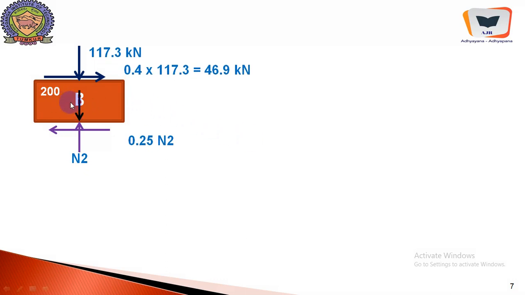It has a weight of 200 kilonewton, which is acting down. N2, this is the reaction offered by the floor to this particular block, and this is also showing a tendency to move in this particular direction. The frictional force will be like this, and we should carefully watch the direction in which we have written the frictional force.